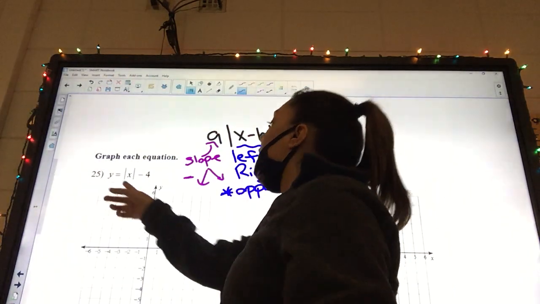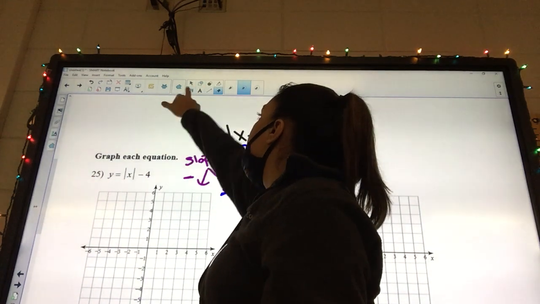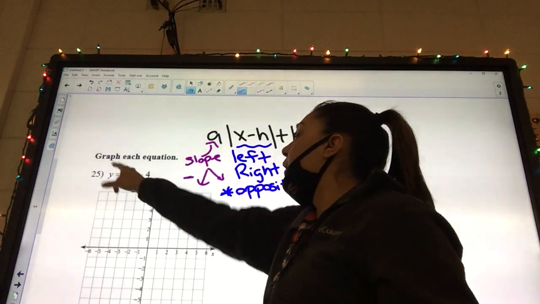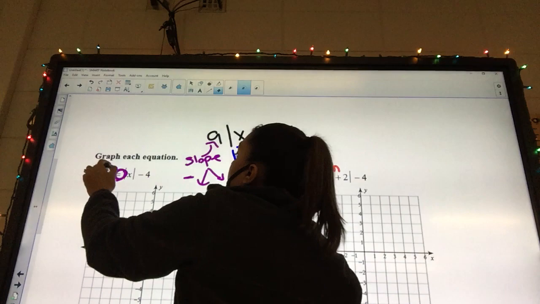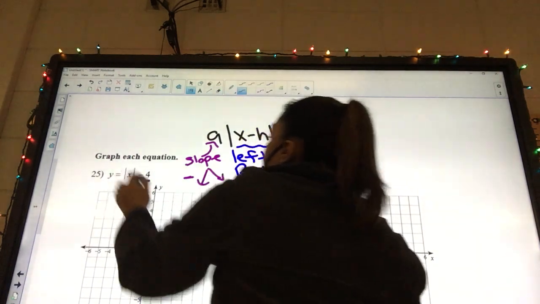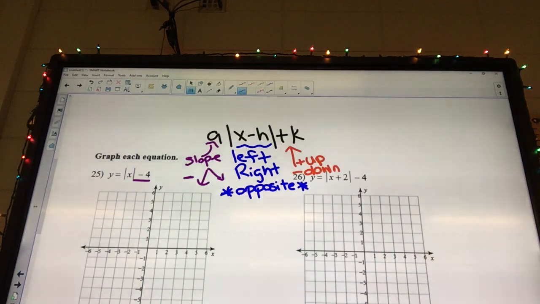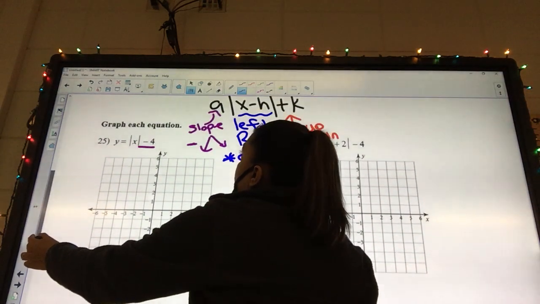So if we look at 25, is it opening up or down? It's opening up. There's no negative out front, so it's going to open up. This -4 is on the outside, so it tells us it's going down 4 from 0, where we always start.